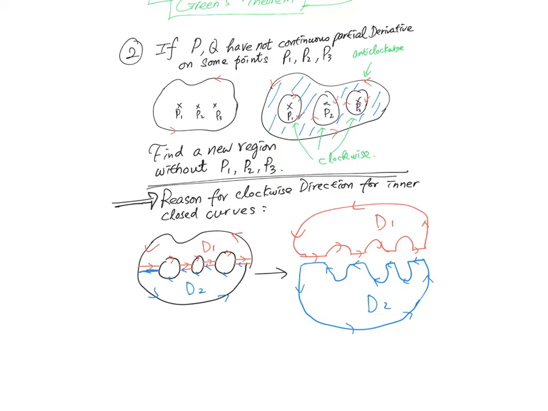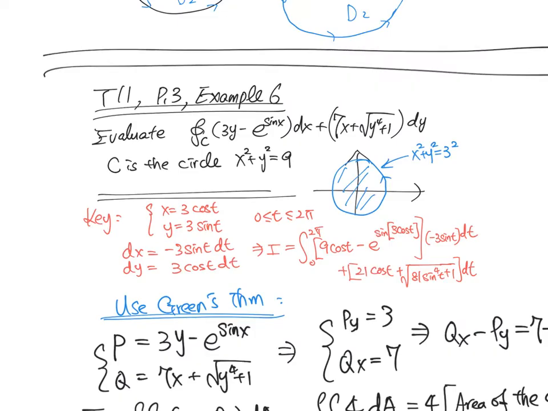So when you want to compute this region, you should use Green's theorem, and then you need to subtract the result of the integral over this path and over this path. Is that clear?